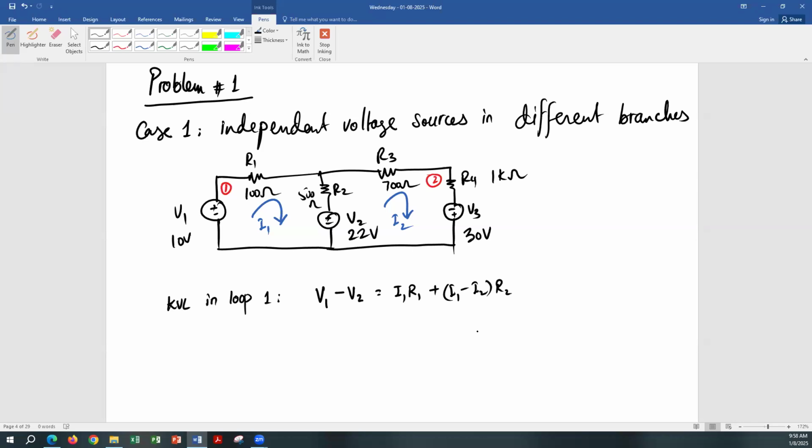If the other direction is the same, you're going to add both currents together. So it's going to be simply negative V1 plus I1 R1 plus I1 R2 plus V2 minus I2 R2 is equal to 0. I usually write down voltage sources on one side and current drops through the resistors on the other side. So it's the same thing.